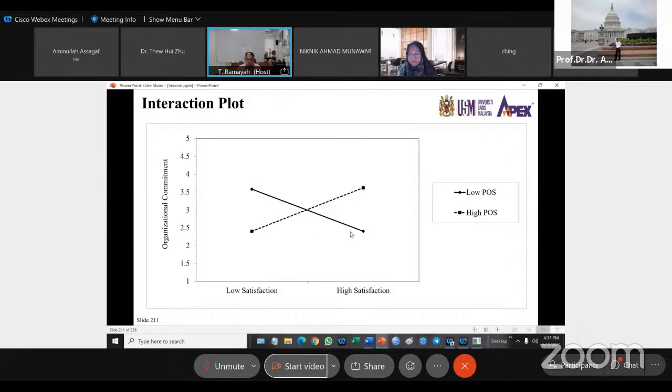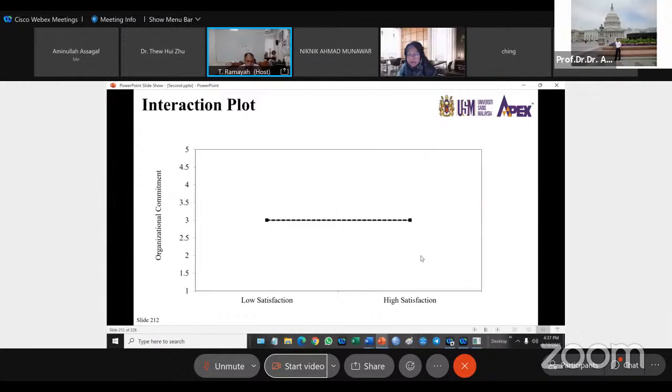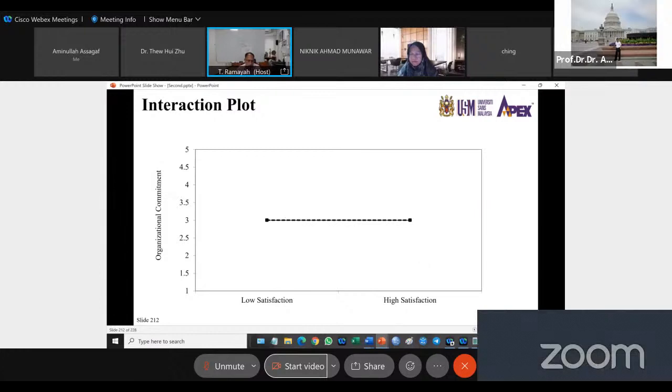So if you don't analyze the third variable called perceived organizational support, the relationship between satisfaction and commitment will be a straight line, correct? They will cut out the effect. Positive and negative, they will cut out the effect. You will find there's no relationship between satisfaction and commitment.